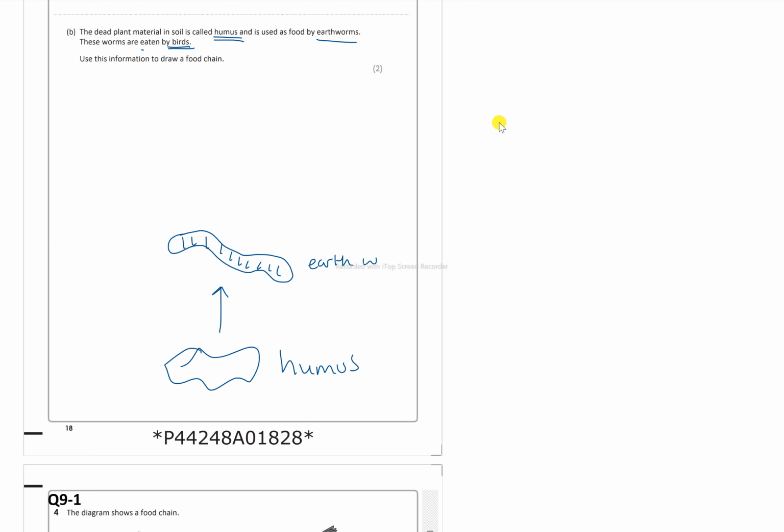Write the word earthworms and then up arrow to birds. That is a food chain of humus, earthworms, and birds.